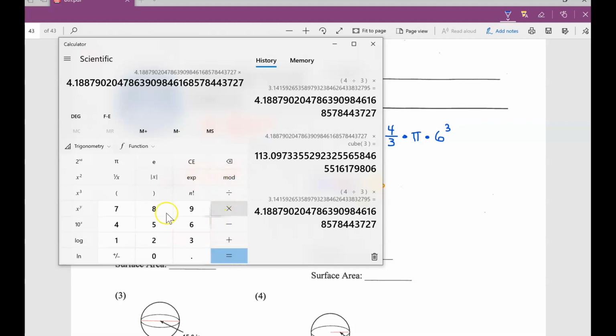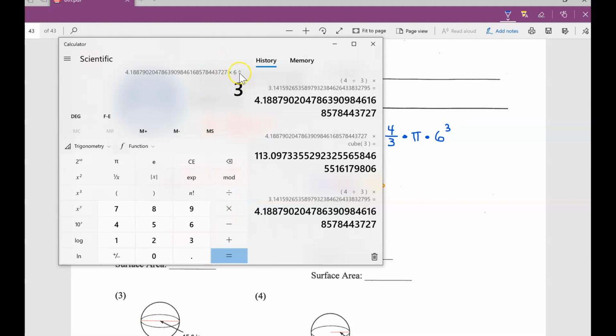And then we multiply it by our radius, 6. I'm going to use this button this time, just in case you don't have a to the third power button on your calculator. So 6 is my x, my base, and then 3 is my y. Notice up here it has the 6, and then has that little hat thing I was mentioning. That is the shift function of a 6 on the keyboard.